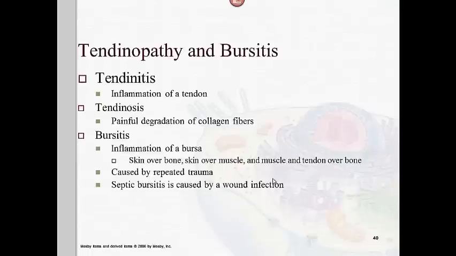Bursitis is very common when you have repetitive movement of the shoulder, the elbows, the knees. Patients with autoimmune disorders such as rheumatoid arthritis, lupus, gout, scleroderma, HIV patients could also have spontaneous bursitis. Or basically a traumatic injury.